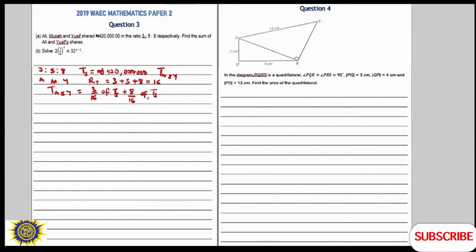So to know what Ali and Yusuf get, we find 3/16 multiplied by 420,000 plus 8 over 16 multiplied by 420,000.